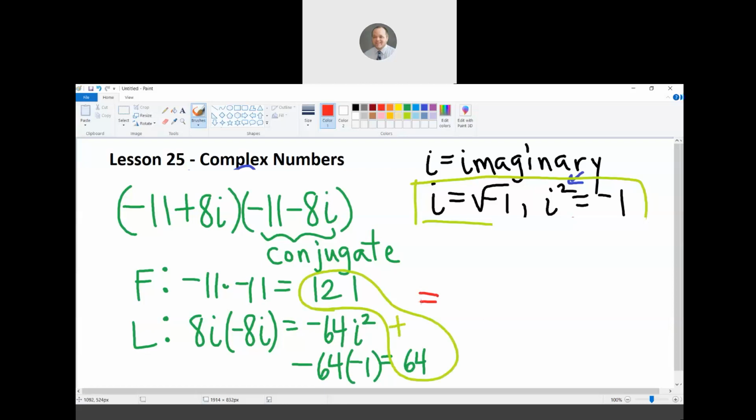Our final answer to this problem is a positive 185. Again, if you're multiplying a binomial times its conjugate, you just multiply your first terms and your last terms. The reason why is because your outer and inner terms will cancel out.